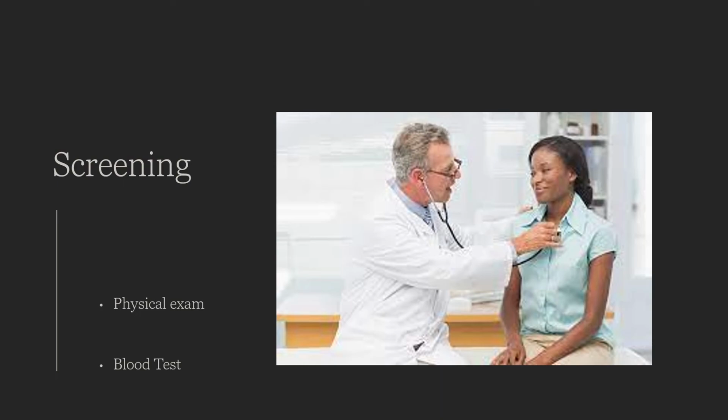For screening, one of the things that can be done is getting a physical exam. The exam that the doctor gives may try to detect the tremor in your fingers when they're extended, overactive reflexes, eye changes, and warm and moist skin.